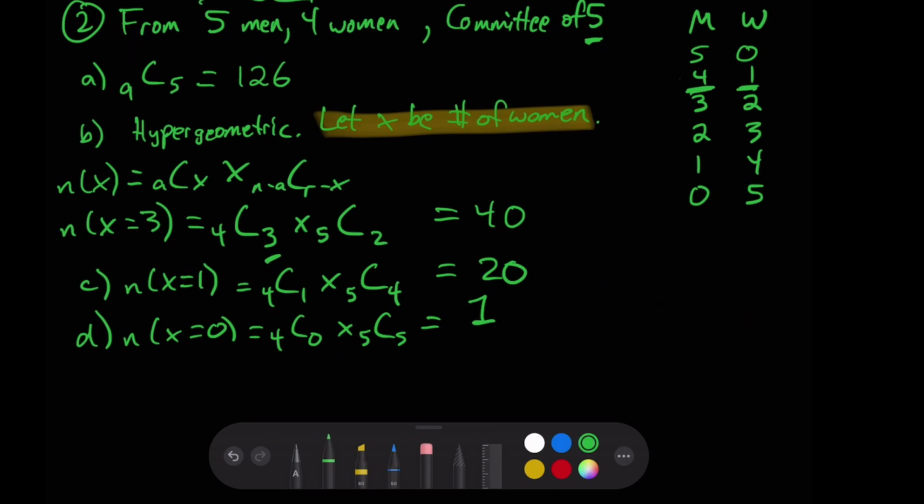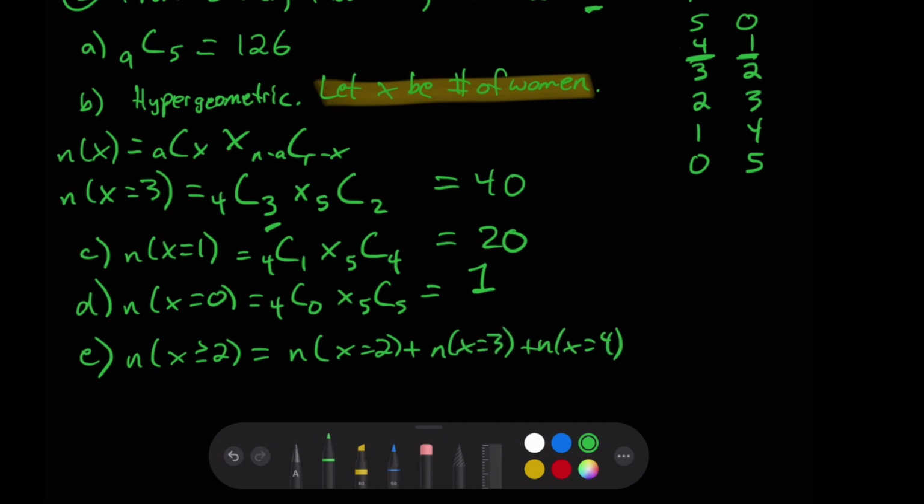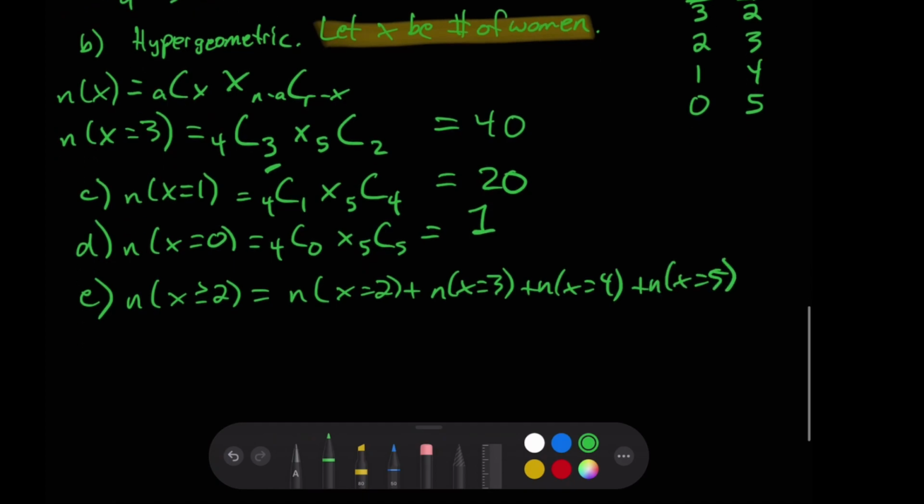All right, let's take a look at E. At least 2 women. Here's where it gets a little bit fun. So N of X is greater than or equal to 2. So I need to find the number of ways to have a committee of 2 and a committee of 3 and a committee of 4 and a committee of 5. This is using the direct method, or I can find the committees that have less than 2 women.